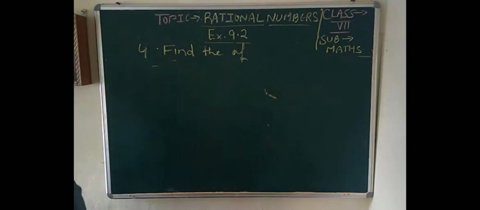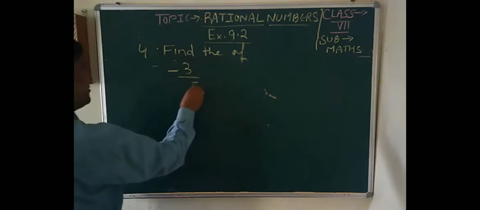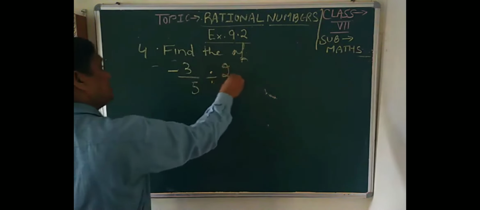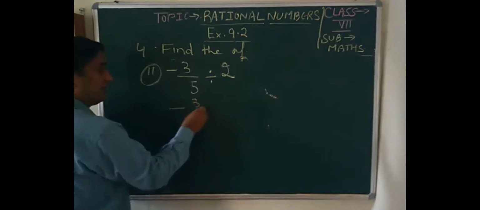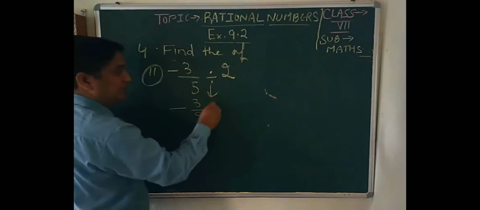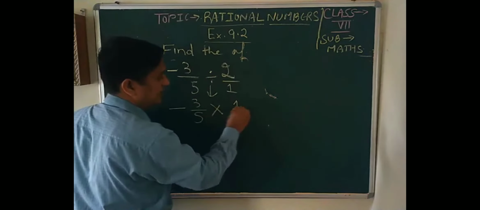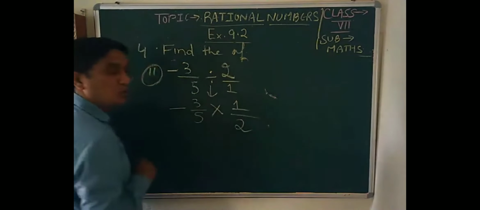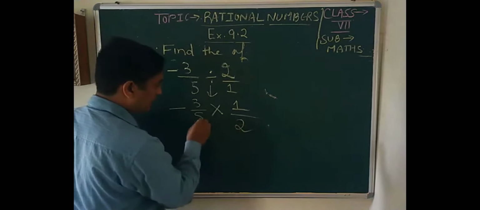Second part is minus 3 upon 5 divided by 2. Same as before, change this into multiply and write down the reciprocal of this divisor. It becomes 1 upon 2. Now, is any one of them divisible by 2 or 5 or 3?